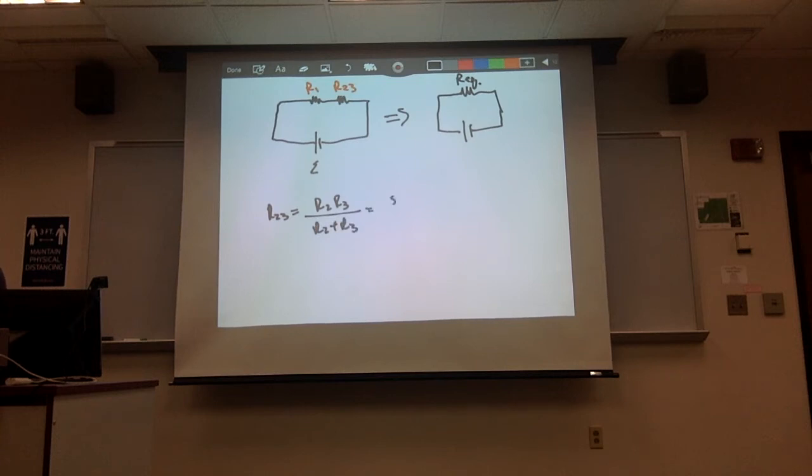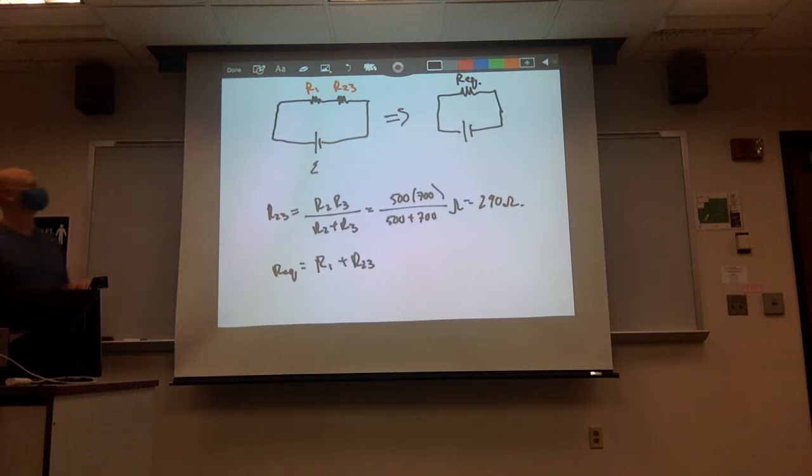So it's 500 times 700 divided by 500 plus 700 ohms, which works out to be 290 ohms. Finally, REQ came from 2 resistors which were in series, and how do I add in series? Just add them. So I get R1 plus R23. R1 was 400, so this should be 690.